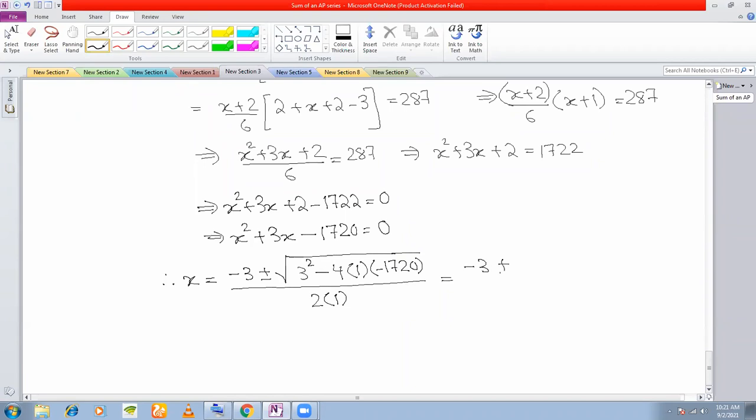Minus 3 plus or minus root over of, this is 9 plus 1720 into 4, 6880, divided by 2. This is minus 3 plus or minus root over of 6889 divided by 2. Okay, now you can refer to your tables and find out the square root of 6889. It comes to 83.